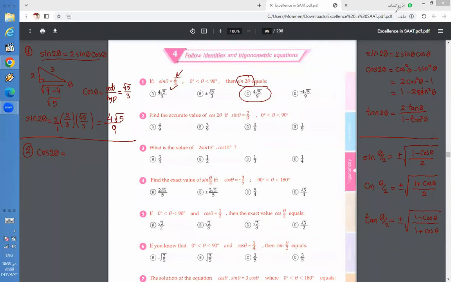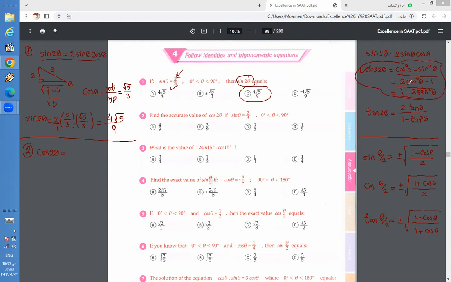Cosine 2 theta equals what? Or what? No. This is the rule. Look at the screen.